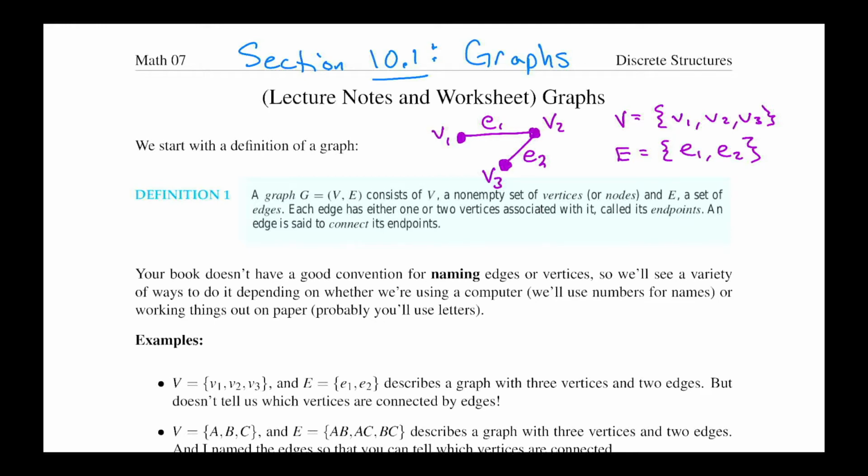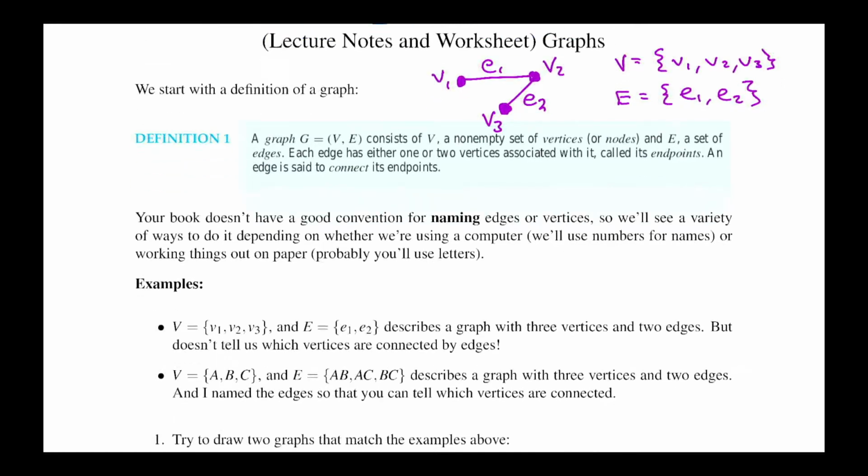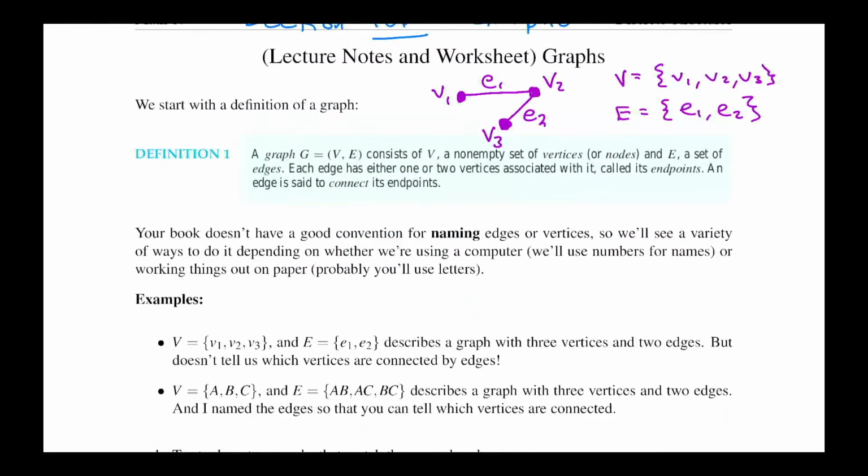So it's really pretty straightforward. It's just dots and then lines connecting the dots. And they say somewhere each edge has either one or two vertices associated with it. Well, you don't see that here, but you do when you look at the graph. Like V1 is here, V2 is over here, and obviously E1 is associated with these two vertices because it connects them.